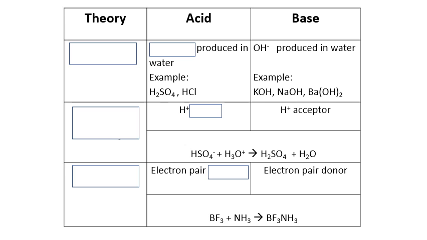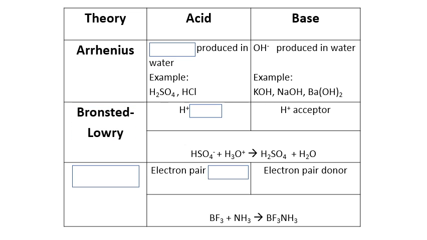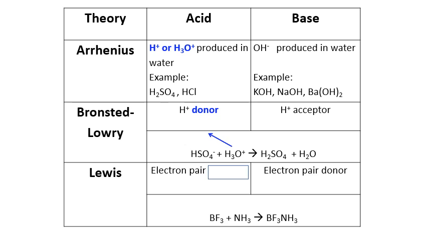Let's summarize. There are three theories that we can use to define acid and base. First, Arrhenius theory. Second, Bronsted-Lowry. The third one is Lewis theory. According to Arrhenius, an acid is the species that can produce H+ or H3O+ when dissolved in water. While according to Bronsted-Lowry, an acid is a proton donor. In this case, H3O+ is the proton donor.